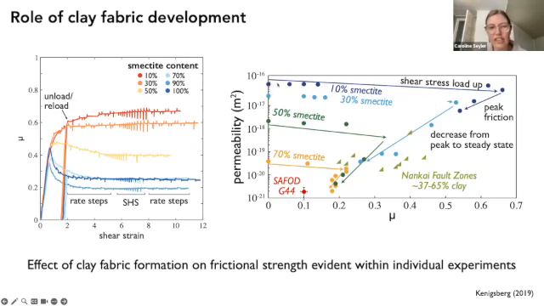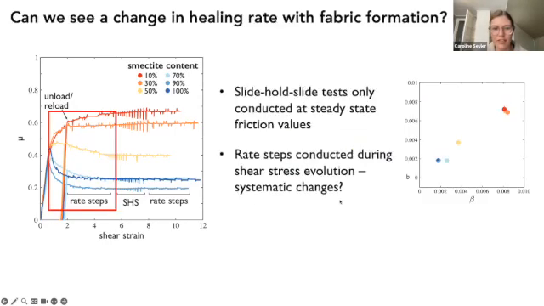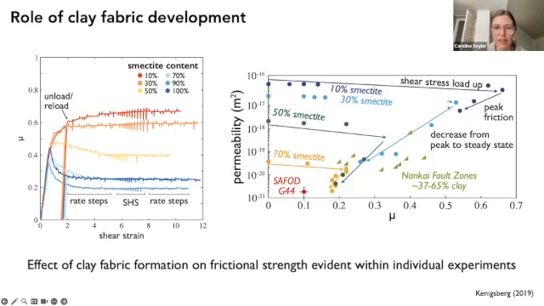I'll start with, in each experiment, as you are deforming the sample, you get this same sort of peak in shear stress down to a lower value. As you're loading up the sample, you reach a peak friction, and with increasing strain, you're reducing the friction coefficient. And this corresponds with the change in permeability that is tracking the strength of the fabric.